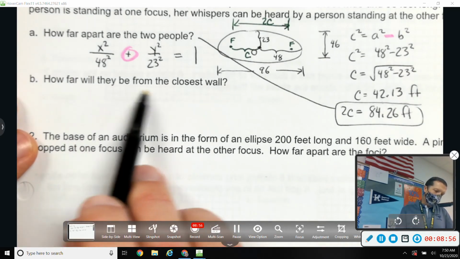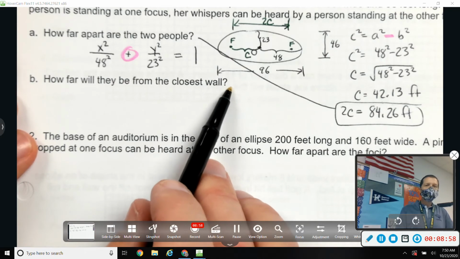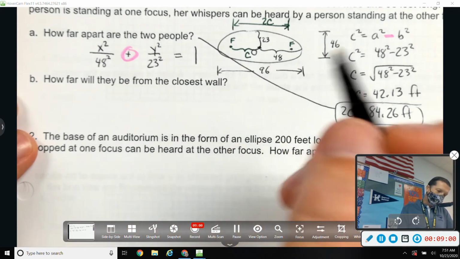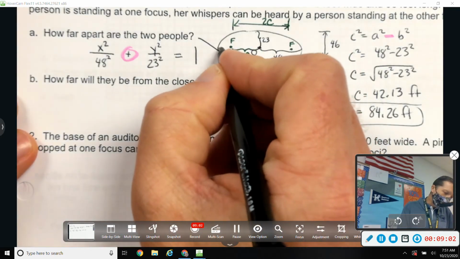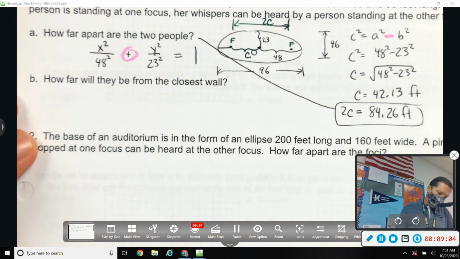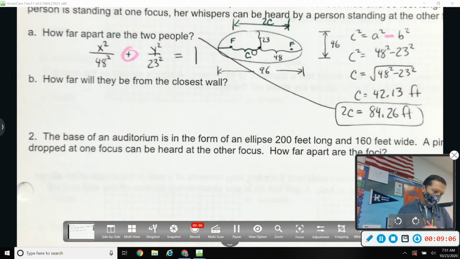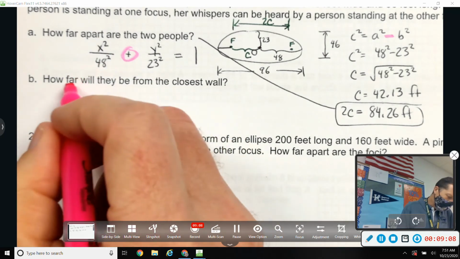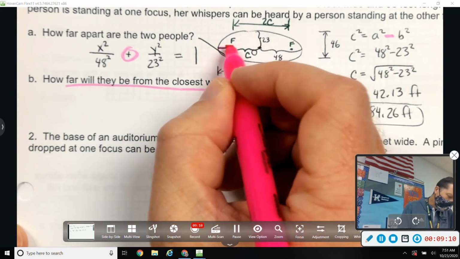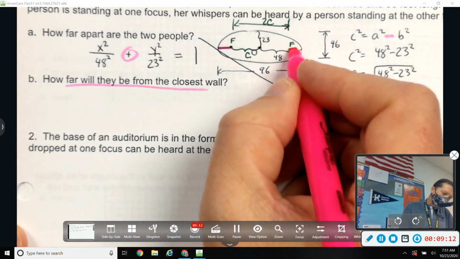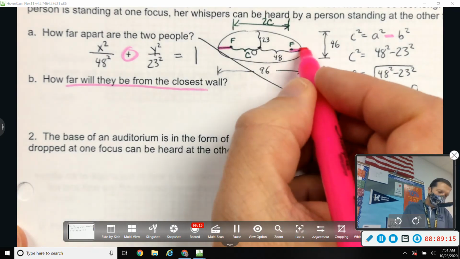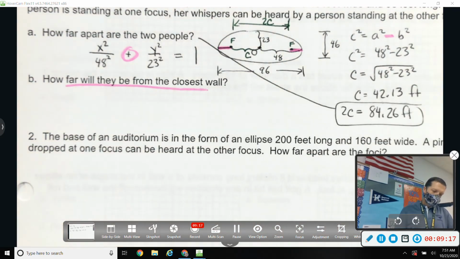How far will they be from the closest wall? Well, it looks like the closest wall would be the end wall. How far from the closest wall? That would be this distance. Or maybe this distance is an easier one to think about. So how am I going to figure out what that is? 48 minus the focus.